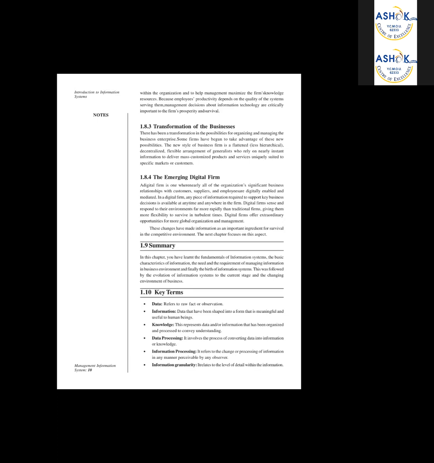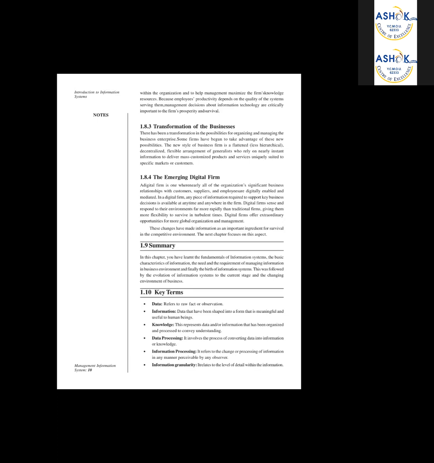This was followed by the evolution of information systems to the current stage and the challenging environment of business. In this chapter, the main definitions are data, information, knowledge, data processing, information processing, and information generating. These concepts are the main study.